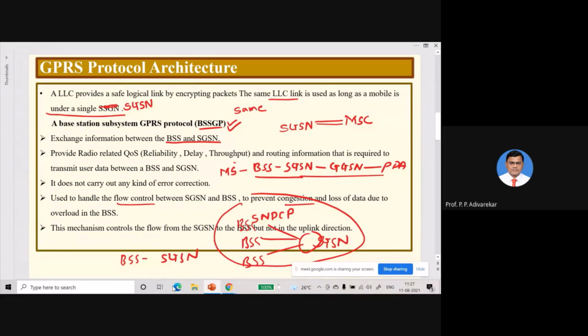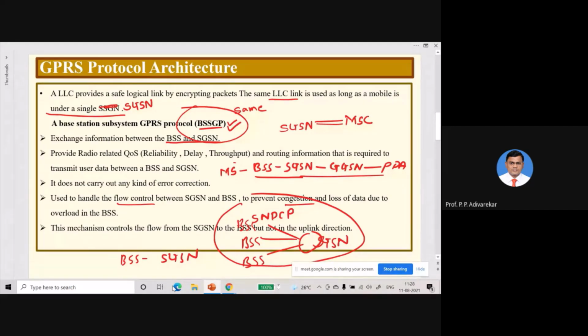Due to that congestion, there would be a loss of data, and that can be avoided by the use of BSSGP. So the key points for BSSGP are maintaining communication between SGSN and BSS, maintaining the quality of service parameters for BSS, providing routing information for SGSN, controlling flow in the downlink direction, and avoiding congestion at SGSN.